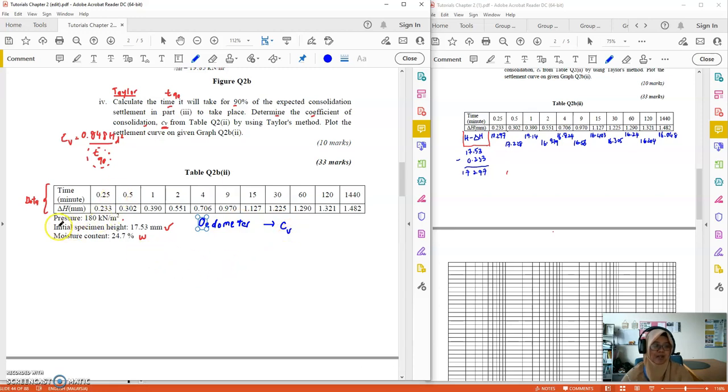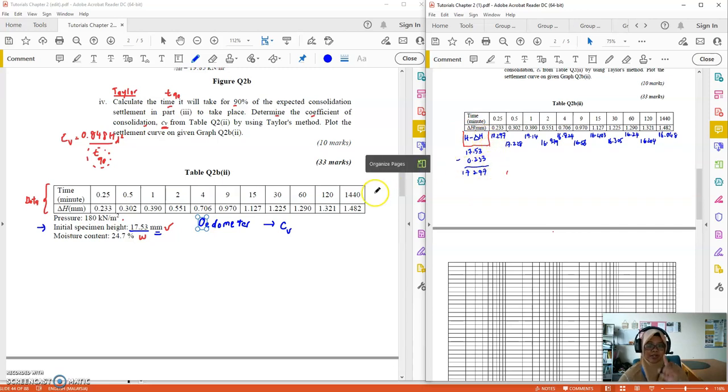The initial specimen height is given as 17.53 millimeters. So what we need to do when we get the data first, I'm using this slide of the PDF. Here you can see that I already calculated H minus delta H so that we can plot the graph.